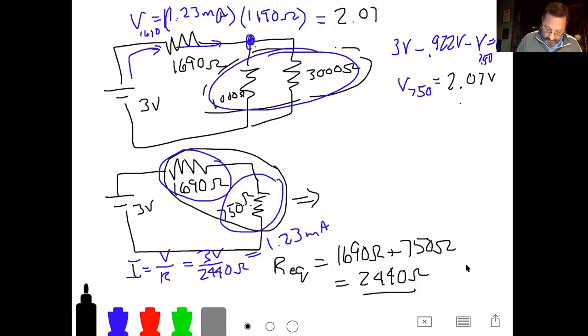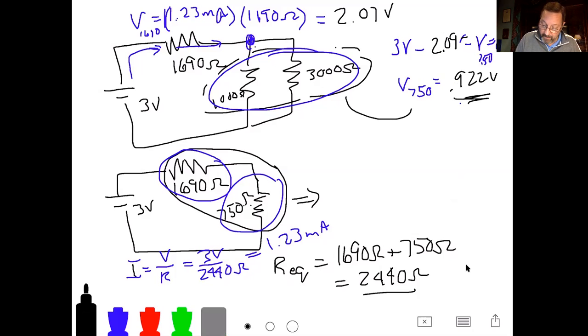And then the math works out: 3 minus 2.07 minus the voltage across the 750 ohm resistor has to be 0.922 volts. It looks to me like I read it wrong off my work when I did the problem. That is the potential difference across both of those two resistors.